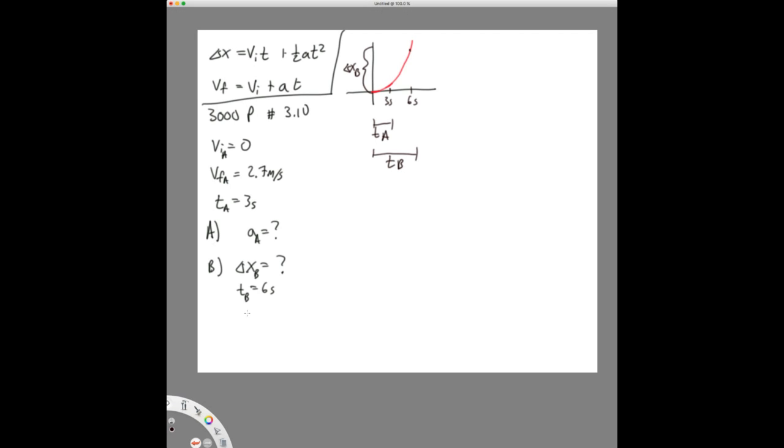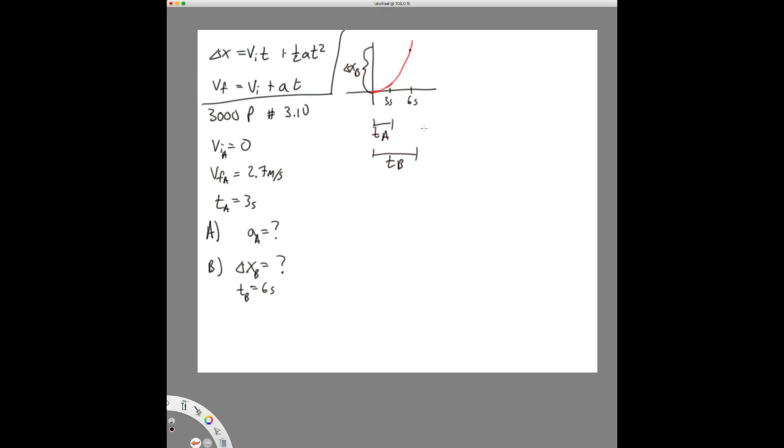So we're assuming that part B is starting at 0 seconds, or is it starting at 3 and then going? That is an awesome question. The answer is we can do it however we want.